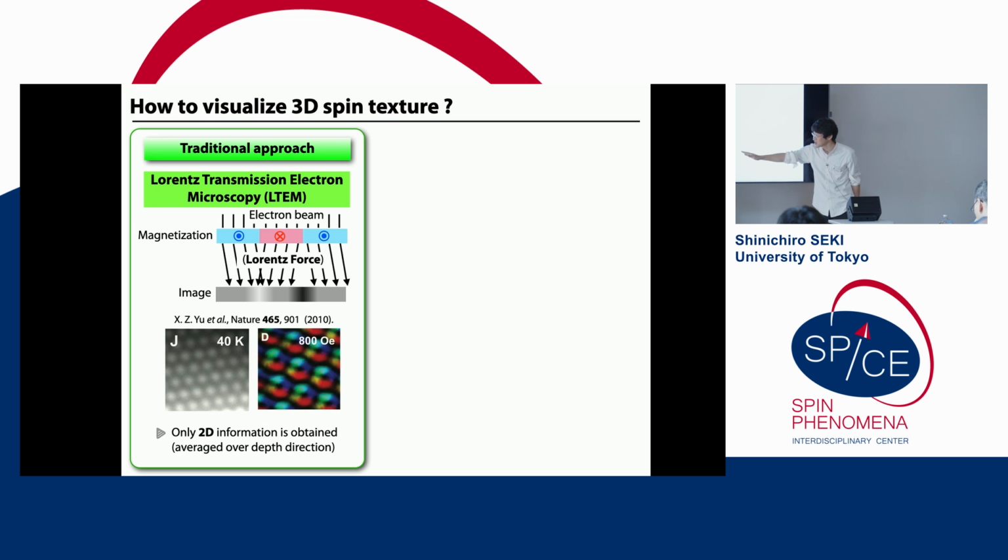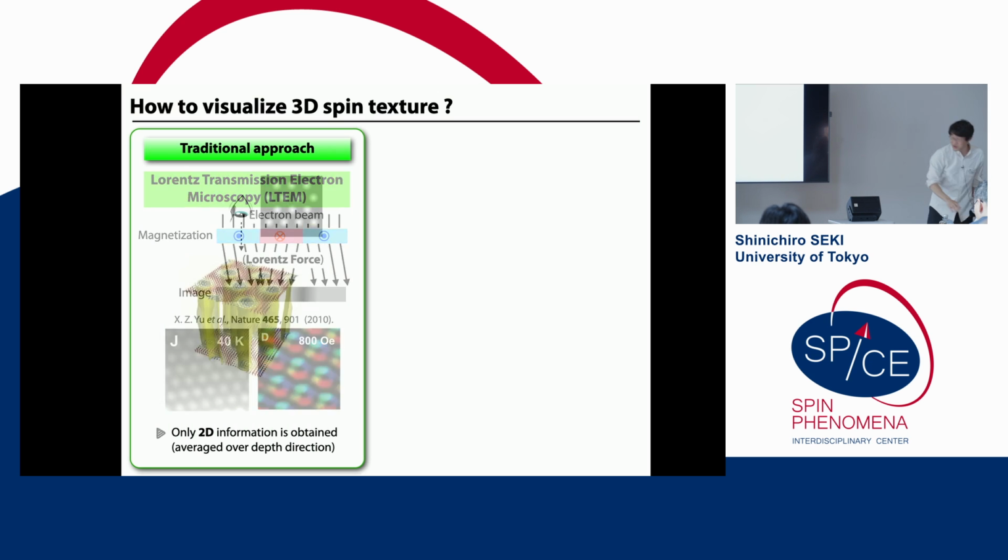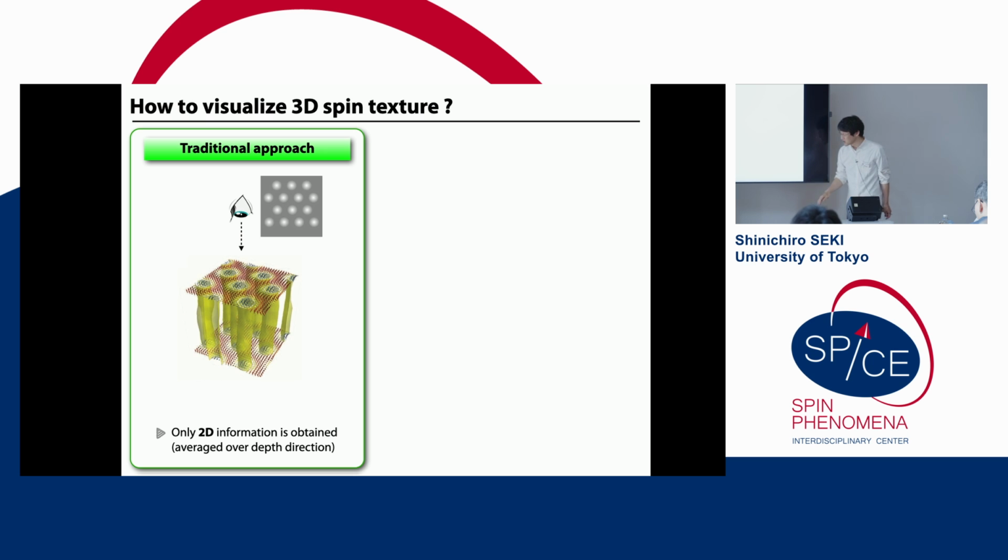In this case, the skyrmion particle is identified as this kind of particle-like pattern. But this corresponds to the situation like this. The skyrmion string is observed only from one specific direction, so the information along the depth direction is averaged out. Only two-dimensional information can be obtained.